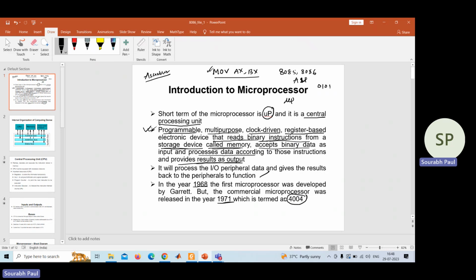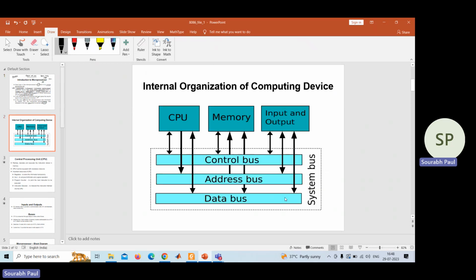Then if you want to understand the microprocessor in depth, you need to understand the internal organization of a simple computing device. A simple computing device generally contains these sections: a CPU or central processing unit, then a memory unit, some input output devices, and some buses.